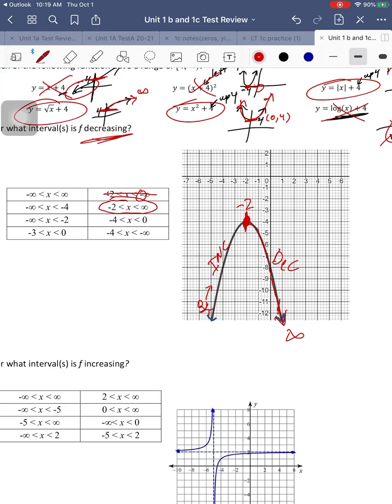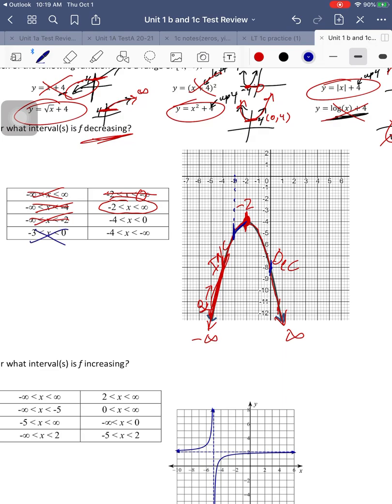Cool. We have to look at each one though. -infinity to infinity. Well, that's -infinity to infinity, but this is increasing, so no. -infinity to -4. That's right here. That portion of the graph, nope, that's increasing. -infinity to -2. That's an increasing portion, so no. -3 is here. -3, the x value, to 0 is here.